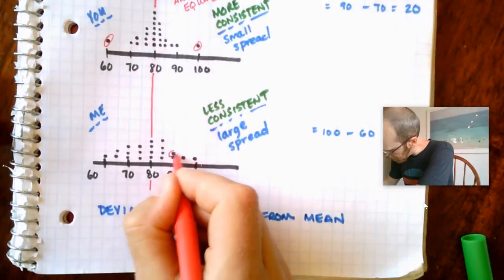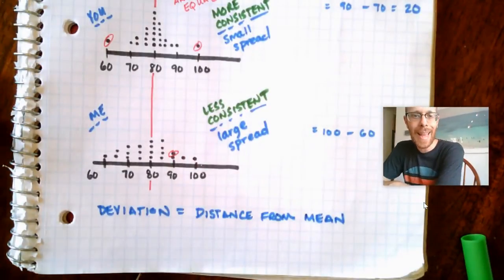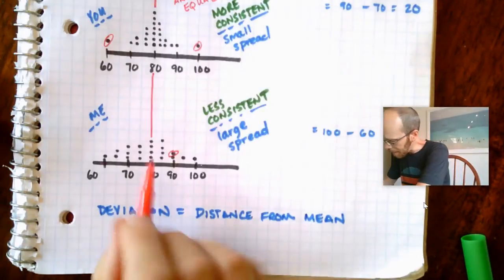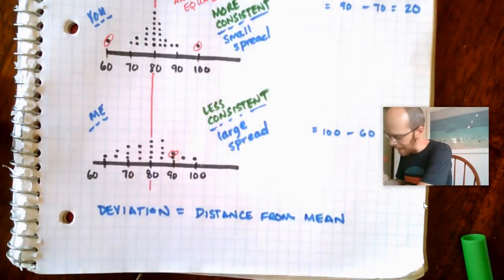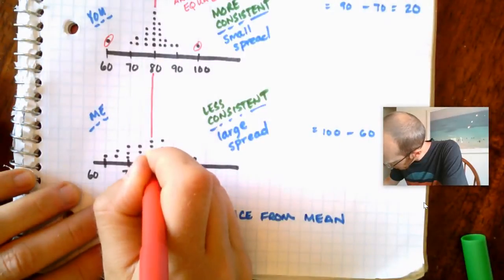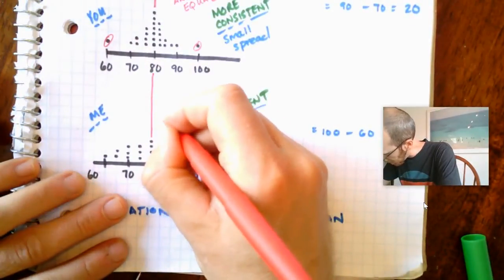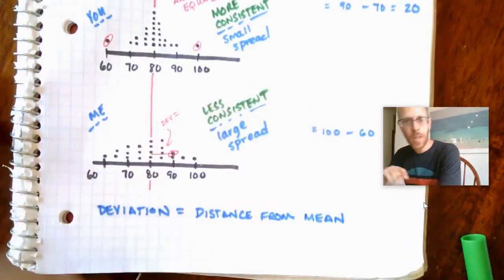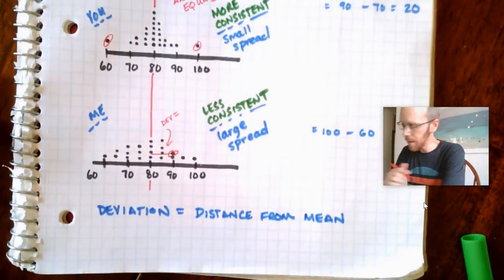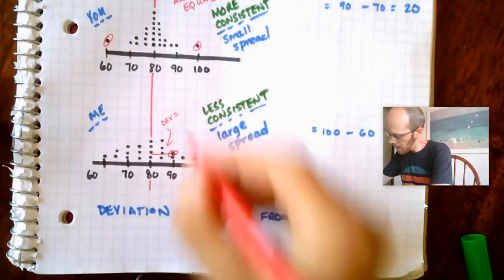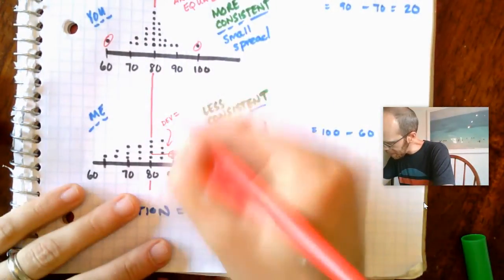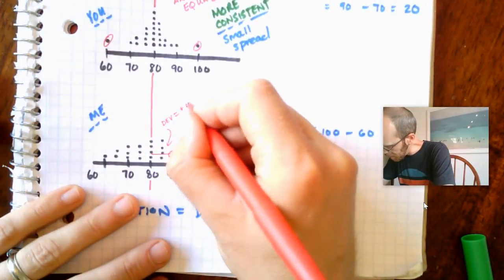Here is one particular measurement where I had a heart rate of 90 beats per minute, and my mean was right here at 80 beats per minute. Therefore, if you look at this distance right here, that distance would represent my deviation. I'm going to use the abbreviation DEV. So that would be 90 minus 80 is equal to positive 10.